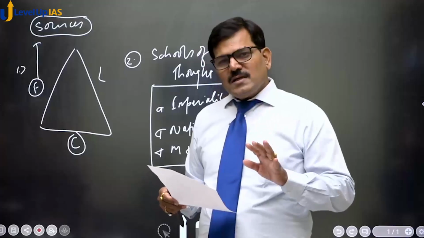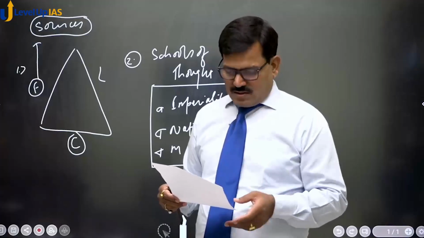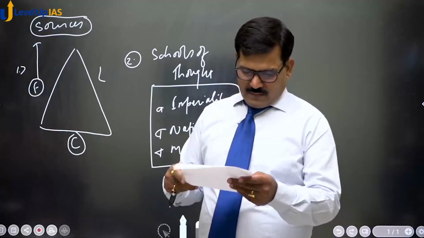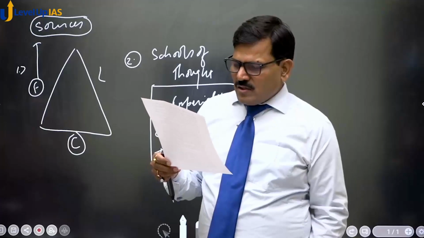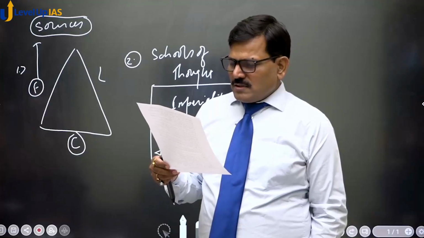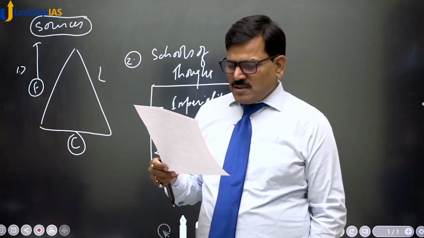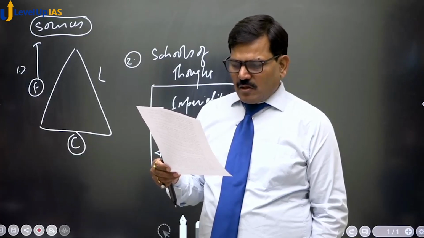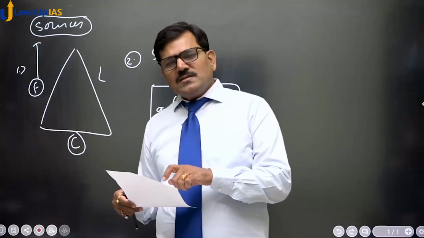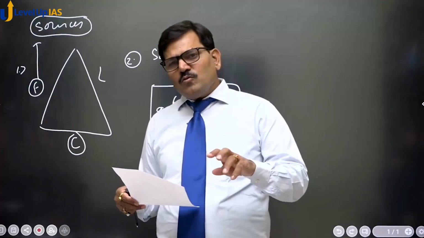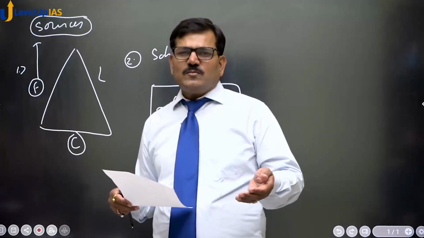The same UPSC has asked another question: in the long run, the Locarno was destructive to both the Treaty of Versailles and the Covenant. Here UPSC is telling you that Locarno was an antithesis to the Treaty of Versailles.